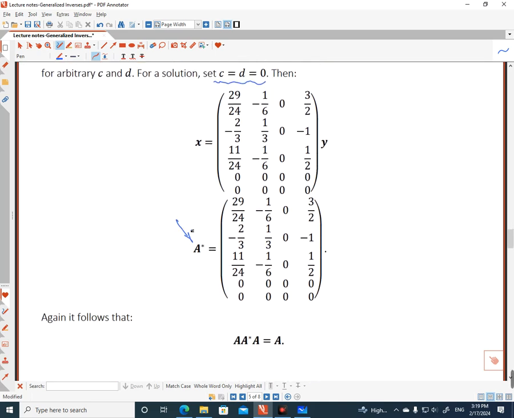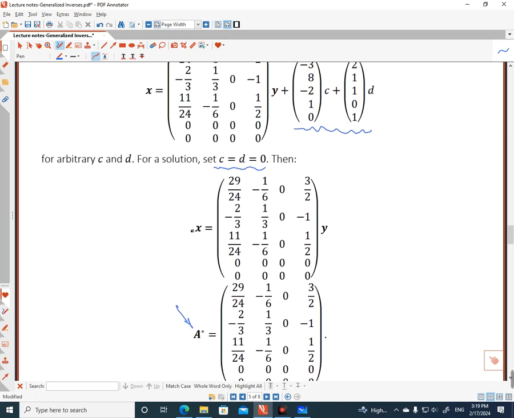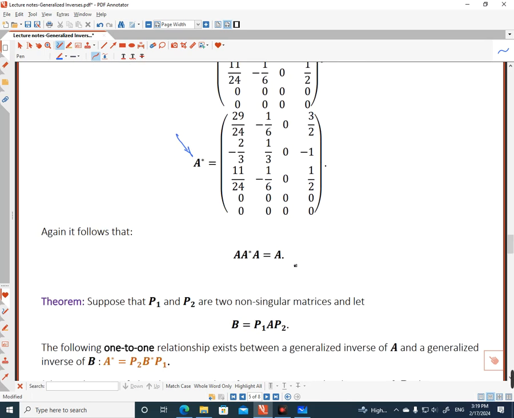So you see, once again, the generalized inverse is not unique here. However, we have this equality, and this is according to the main theorem, which says that if you pre-multiply and post-multiply the generalized inverse by the matrix, then you will get that matrix. This is the condition.